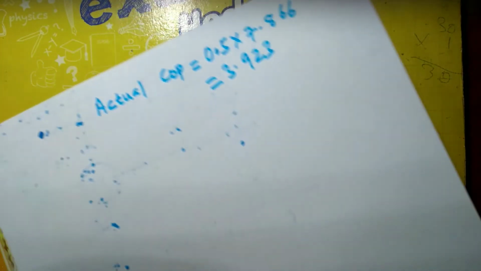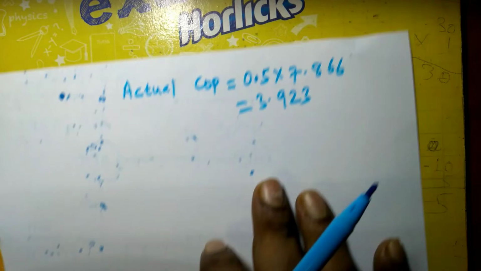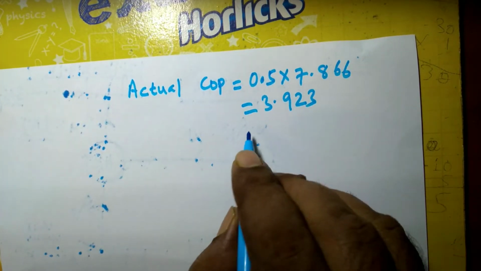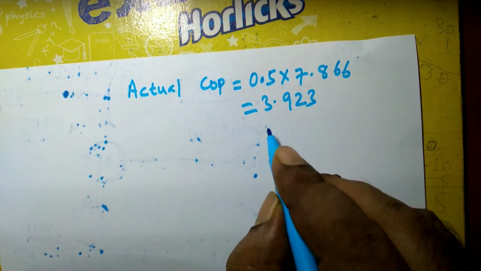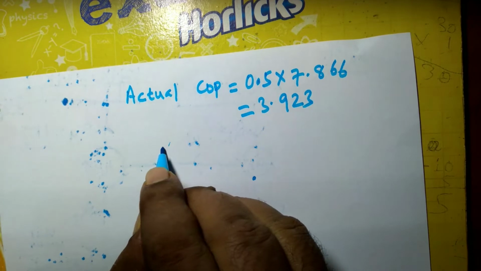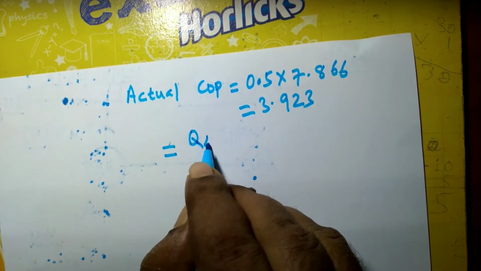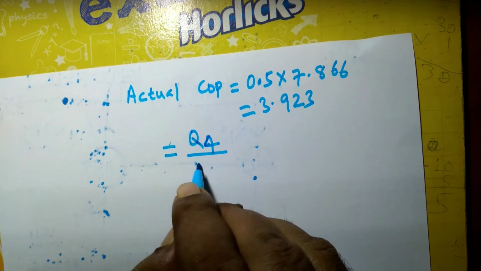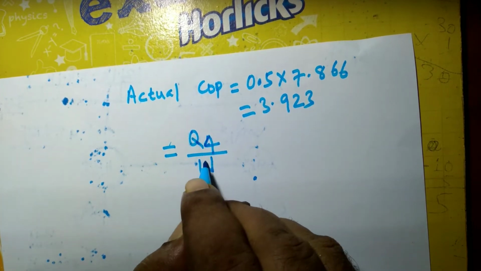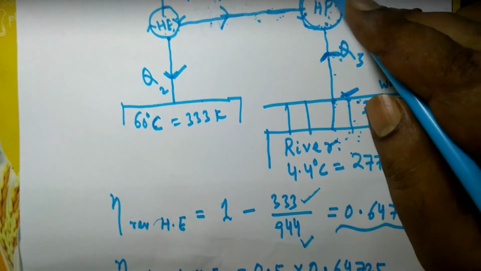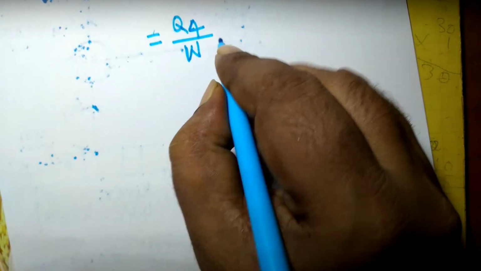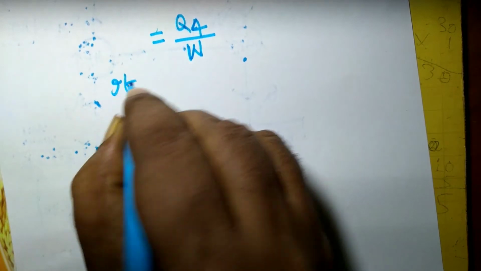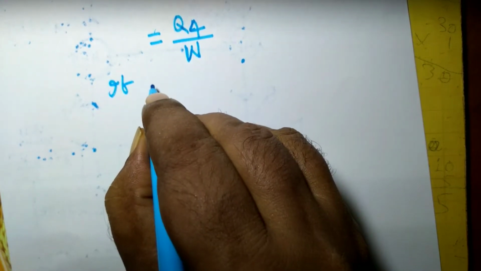And the COP of this heat pump is Q4 divided by W. So actual COP is equal to 0.5 multiplied by 7.866, that is 3.923, which equals Q4 divided by W. As per the question, we are required to find the value of Q1 when Q4 is 1 kilojoule.